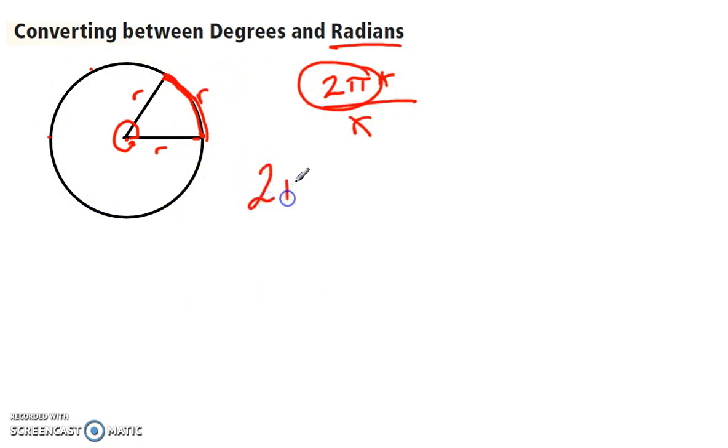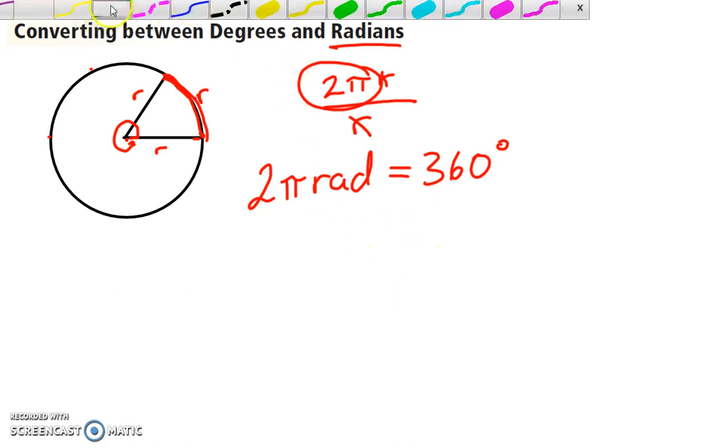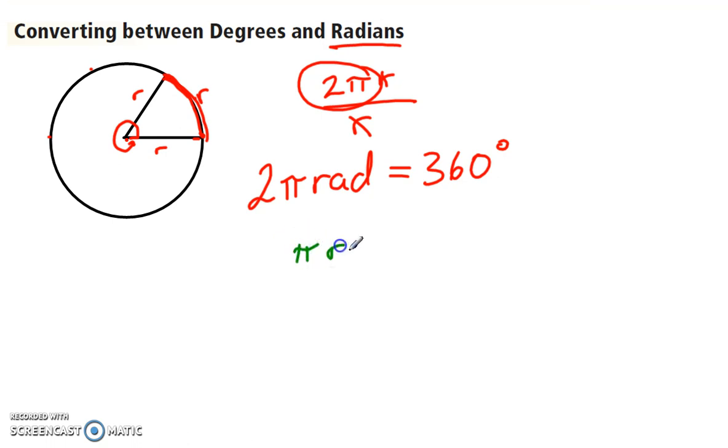So 2 pi radians is 360 degrees. You could also simplify this by dividing each side by 2 and say that pi radians are 180 degrees. Now, we're going to use this for some conversions back and forth.